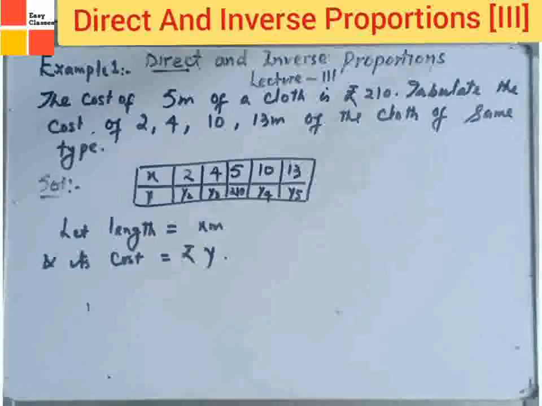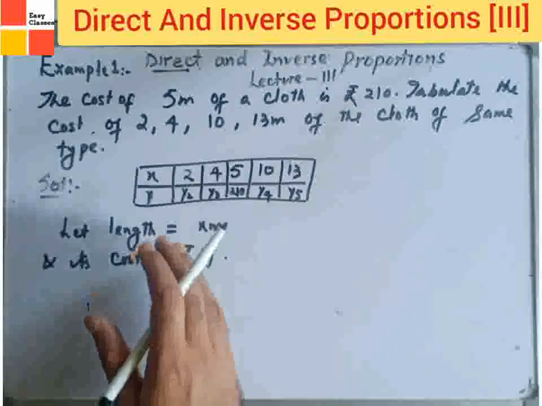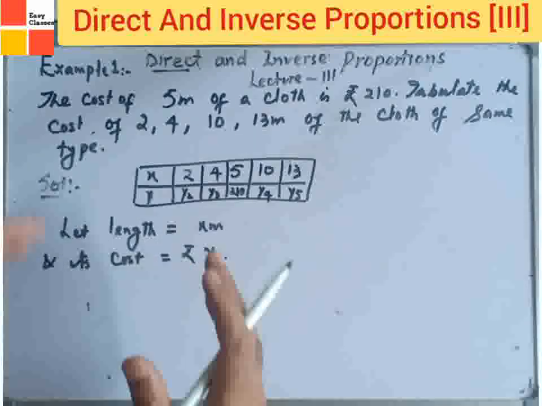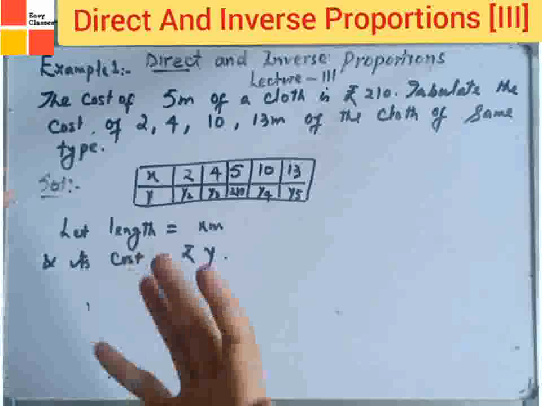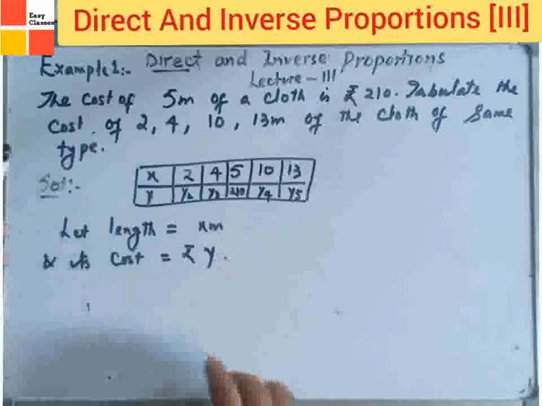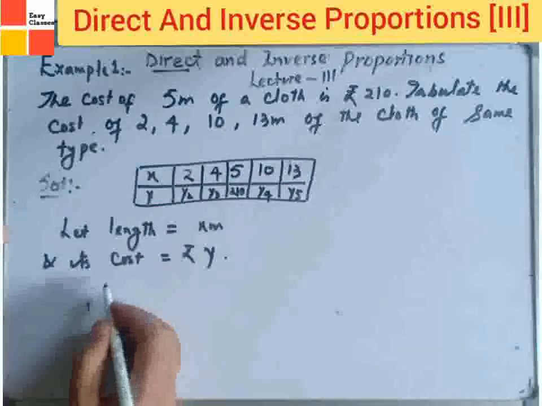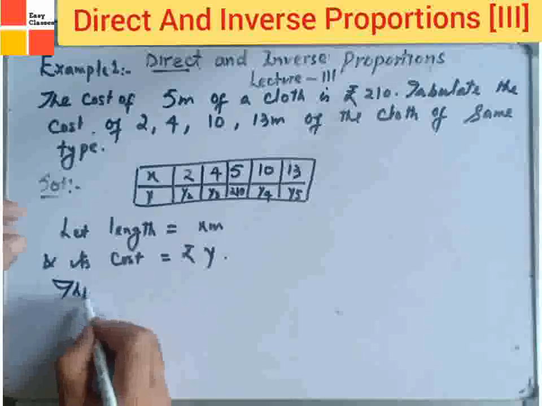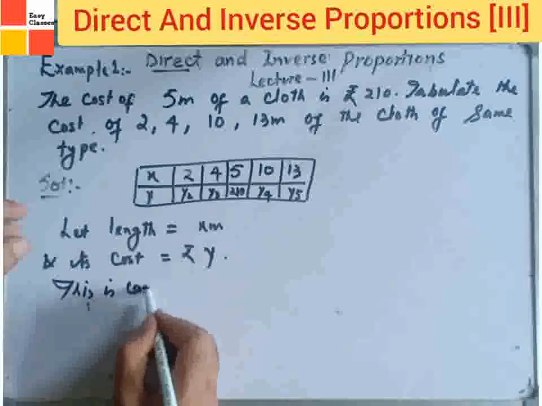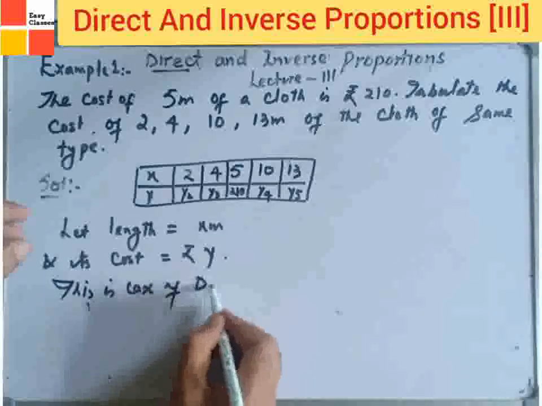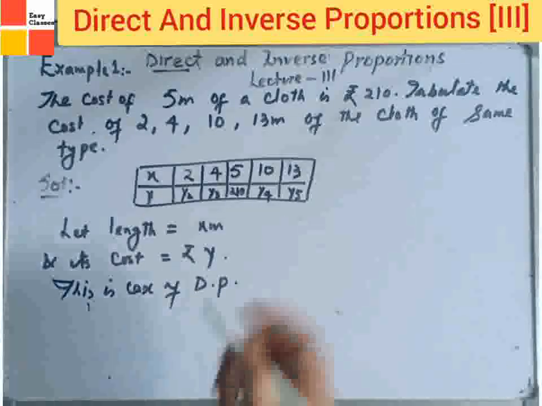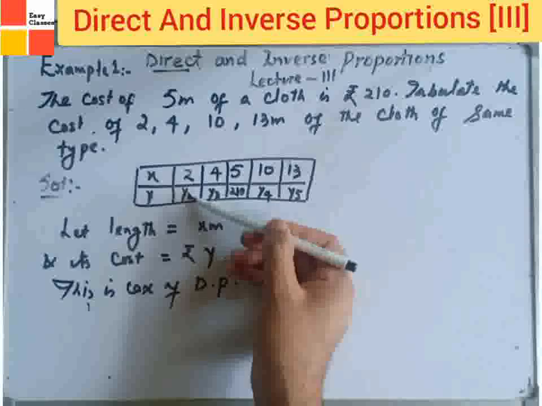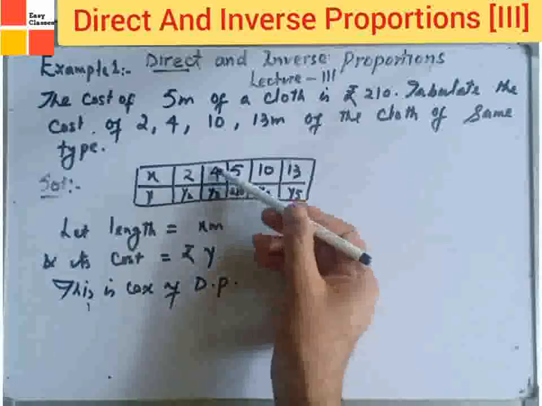Fine. So you can see that when the length of cloth increases, the cost will also increase. So this is the case of direct proportions. In case of direct proportions, the ratio of this must be equal to this.